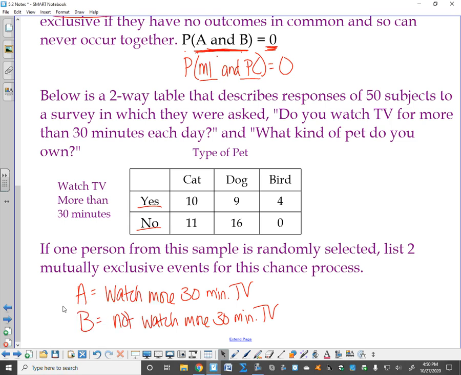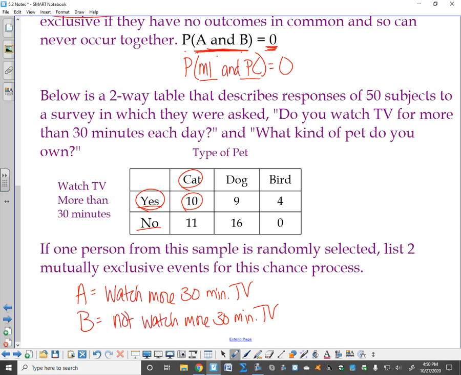Okay. What kind of pet do you own? Well, can someone say that they own a cat and that they watch more than 30 minutes of TV? Yeah, there are 10 of them. So owning a cat and watching more than 30 minutes of TV are not mutually exclusive events. Now, having said that, look at your numbers.